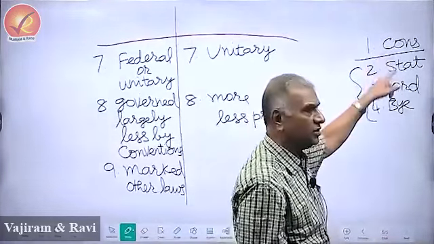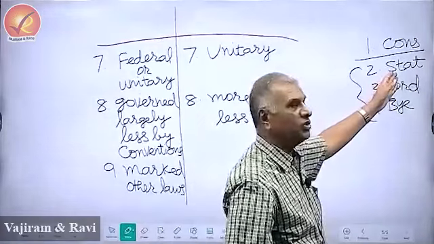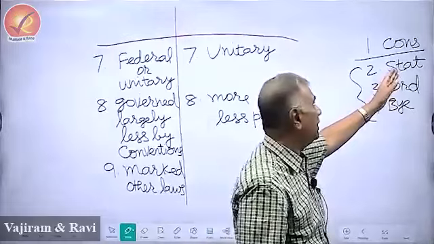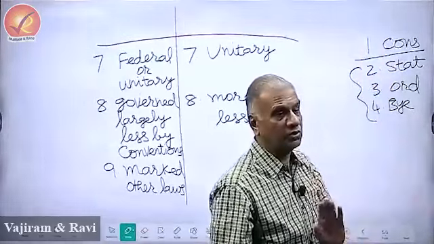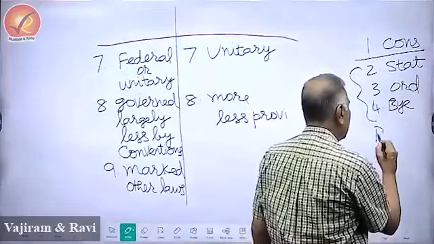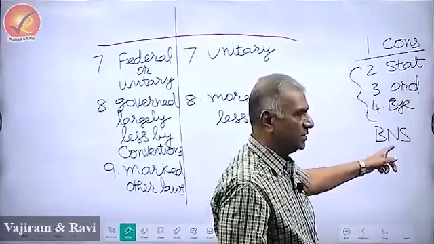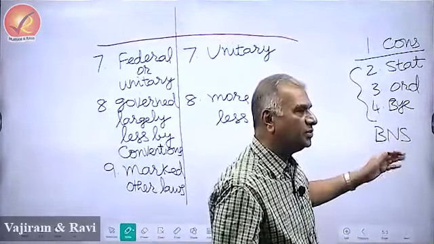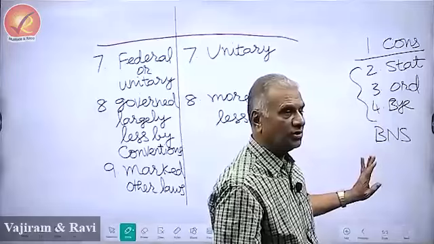There is a distinction made between these. The statutory laws made by the parliament do not become part of the constitution. They remain outside the constitution. The BNS Act, Bharatiya Nyaya Sanhita, is a statutory law which remains outside the constitution.